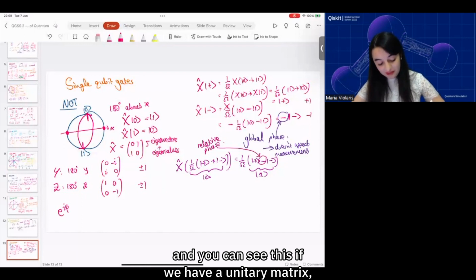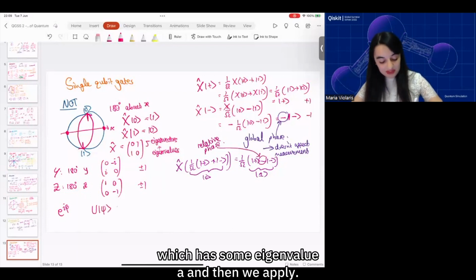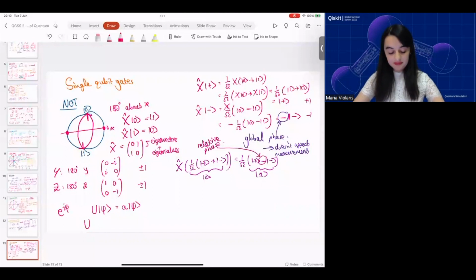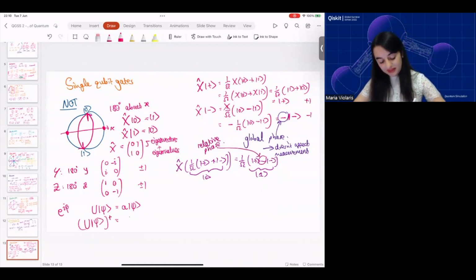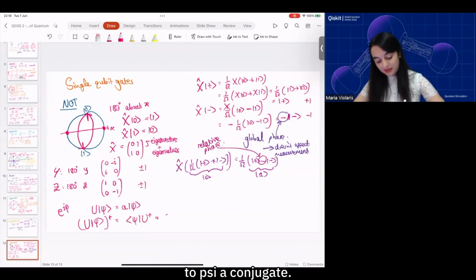You can see this if we have a unitary matrix U which has some eigenvalue a, and then we apply it to psi. Then we know that if we take the dagger of this, we get psi U dagger, and that's going to be equal to psi a conjugate.